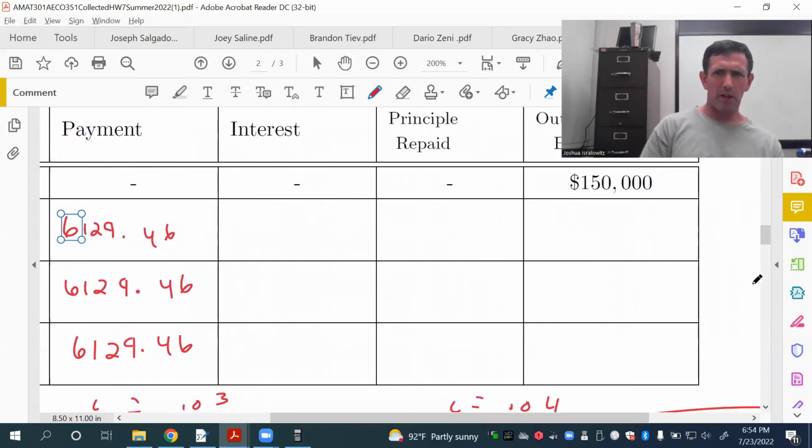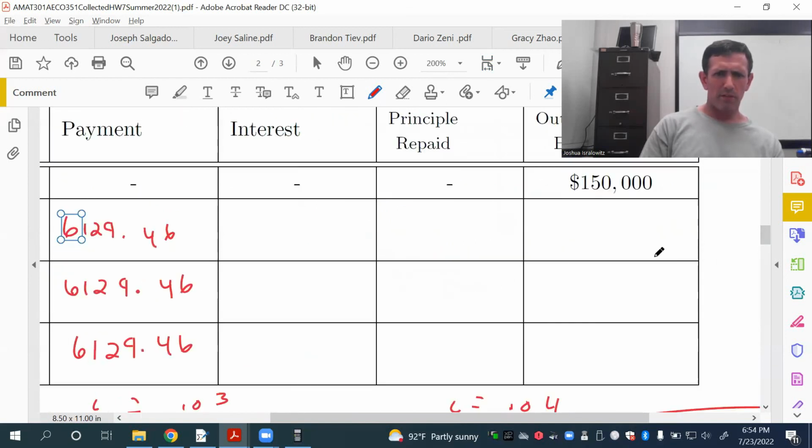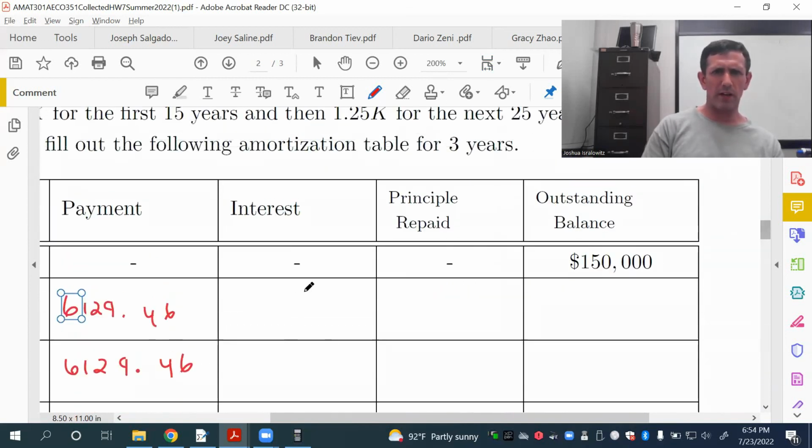All right. Interest is 3%, so 150,000 times 0.03 is 4,500. So take 1,629.46 minus 4,500.